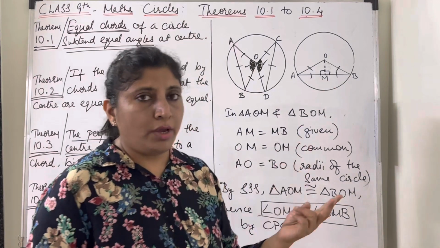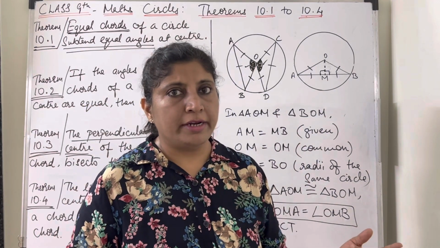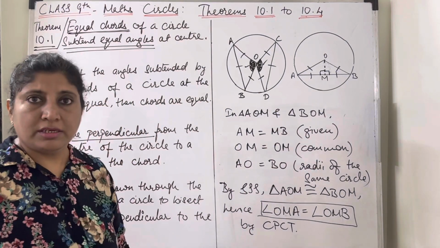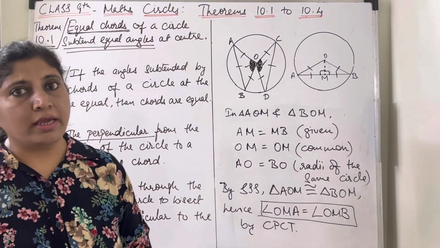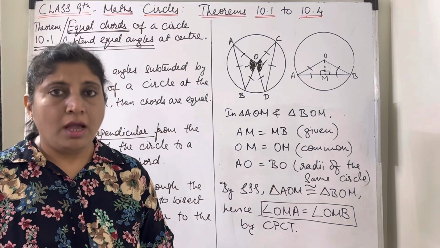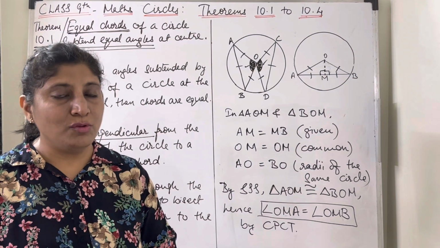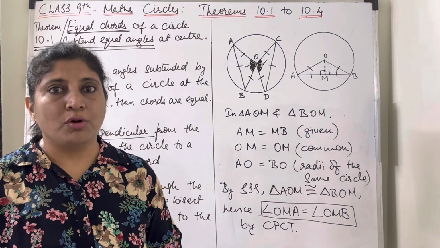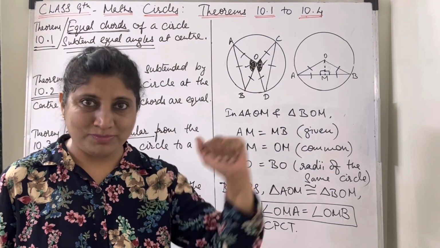Now if there are two equal angles and the total is 180, then obviously the angles are 90 degrees. So both the angles are perpendicular. I hope this is clear to all of you, and see you in the next class where we are going to take the theorems ahead. See you soon.